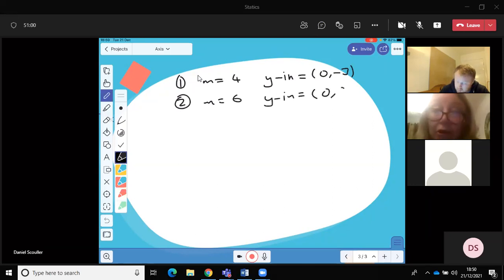How did you get the 0 in the first one? That intercepts the y when x is equal to 0.